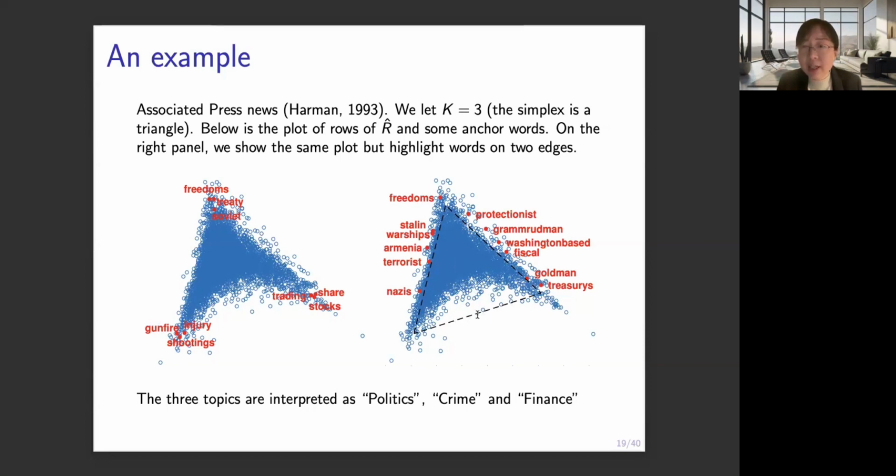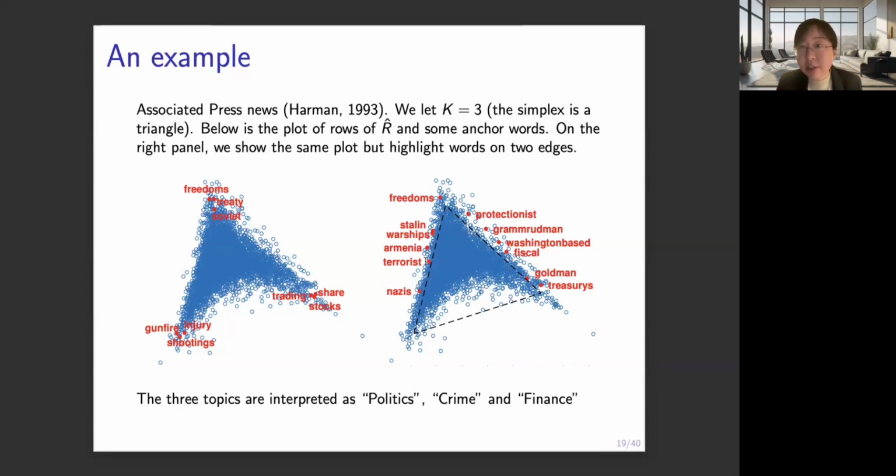If a word is exactly on this edge, that means this word is directly connected to these two topics, crime and finance, but has nothing to do with politics. It turns out that in the 1990s, there indeed existed no such words. And my colleagues in the Harvard political science department are very happy to see this because they think everything is about politics.